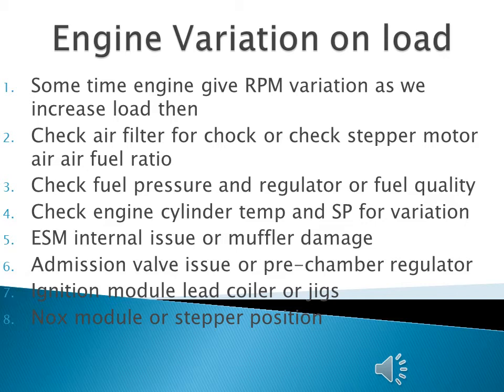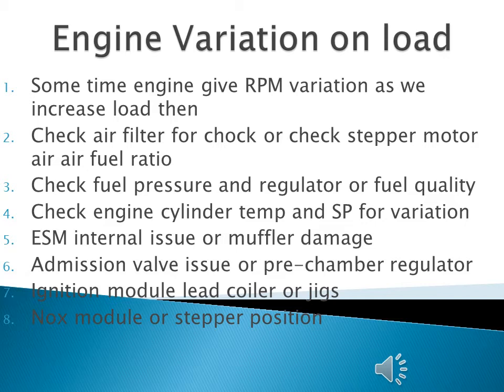You keep an eye on the two exhaust values, one is the NOx value and the other is the O2 value. If your O2 value in the exhaust is increasing, it means that your mixture is lean. And if your O2 value in the exhaust is less, it means that your mixture is rich.